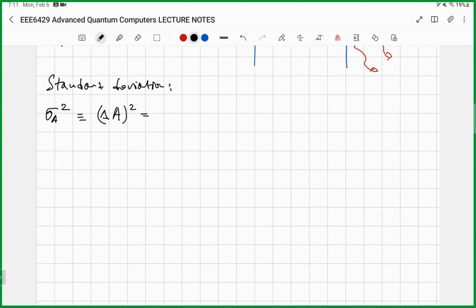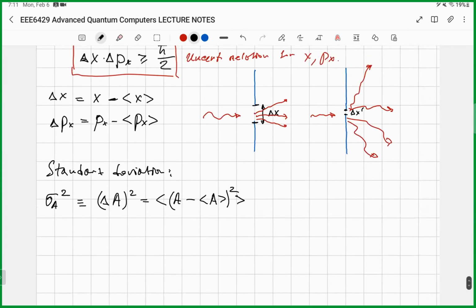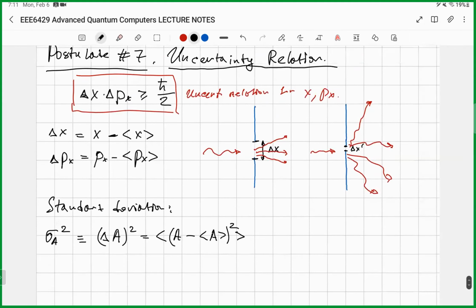By definition, it is equal to the mean value of the square of the difference of the operator A minus the mean value of A. So this operator minus the mean value of the operator is the dispersion.